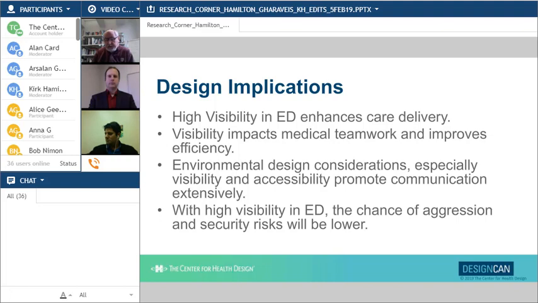Another aspect of it that relates to security, and to the frequency of remarks from people being interviewed about the psych patients, is that with high visibility, the potential for aggression and for other adverse events gets to be lowered.